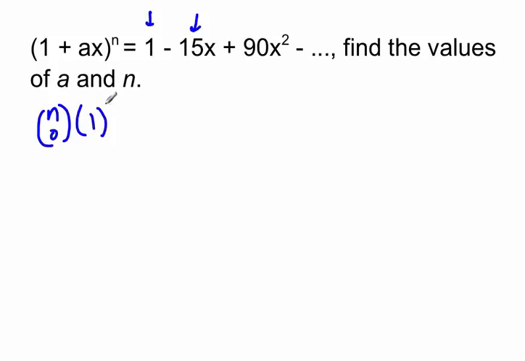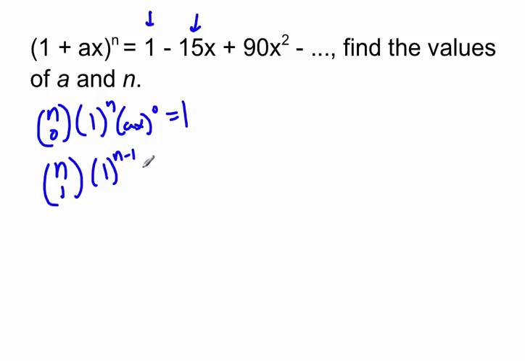1 to the power of n times (ax) to the power of 0 equals 1, and this is not going to help at all. Next we're going to have n choose 1 for the second term times 1 to the power of n minus 1 times ax to the power of 1 equals negative 15x.